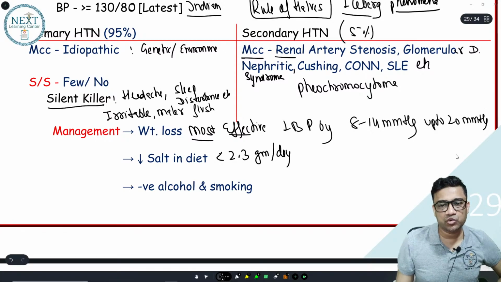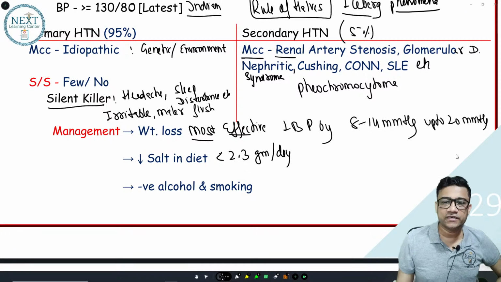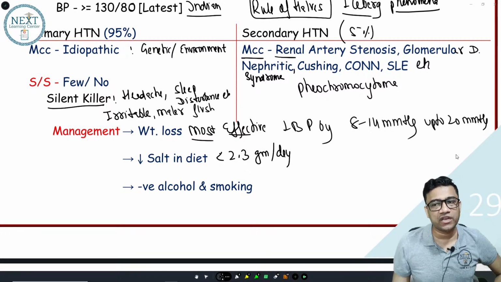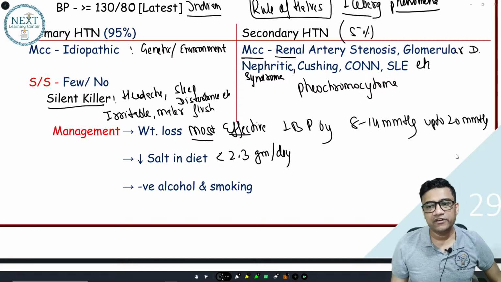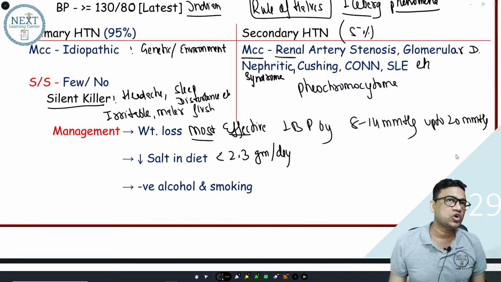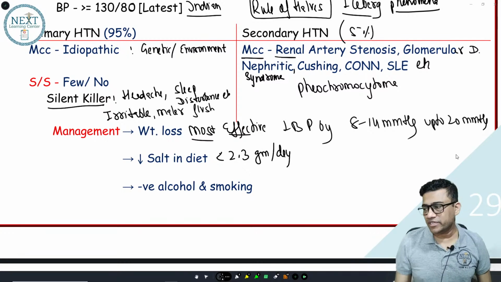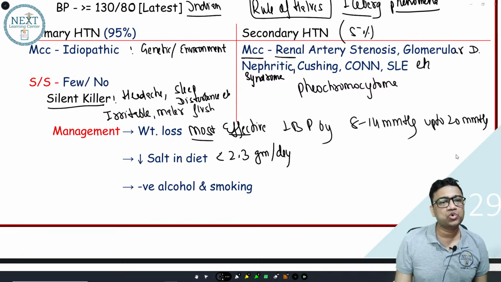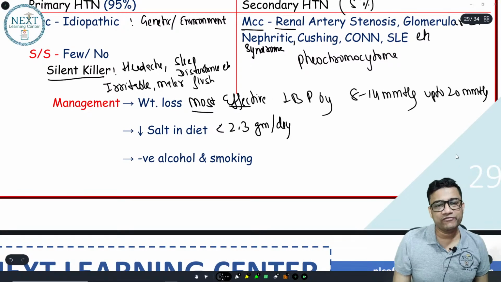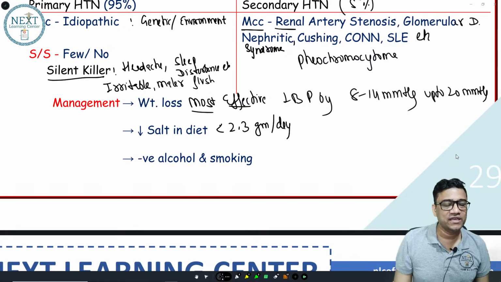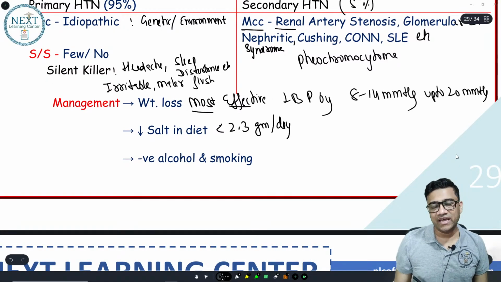Like the most common is renal artery stenosis, glomerular diseases, nephritic, Cushing, Conn, SLE, pheochromocytoma, they all cause secondary, okay. So secondary is due to a cause, primary there is no other disease, idiopathic, and the most common causes we don't know, okay.